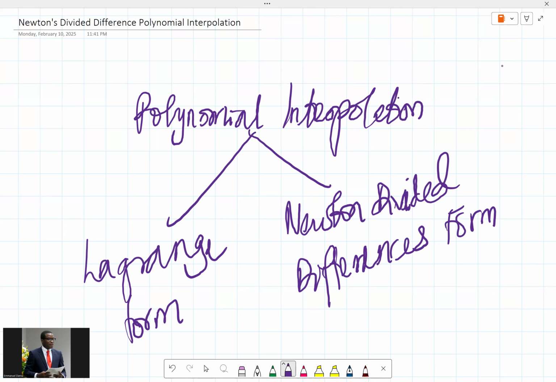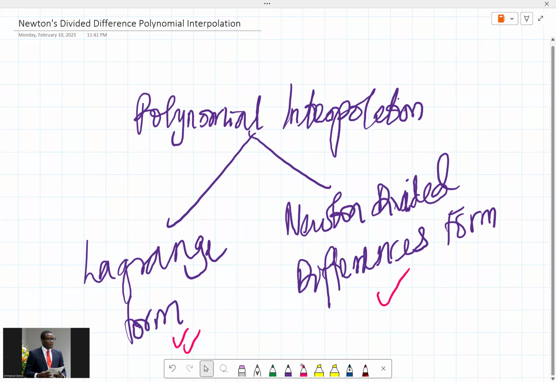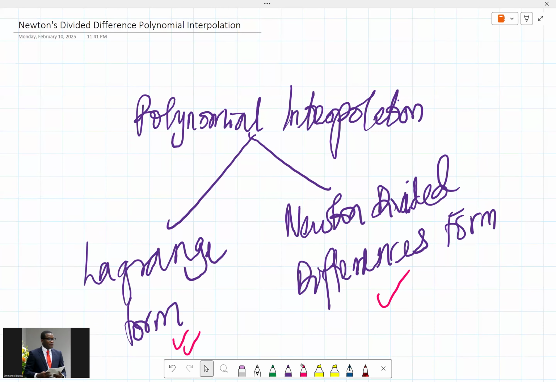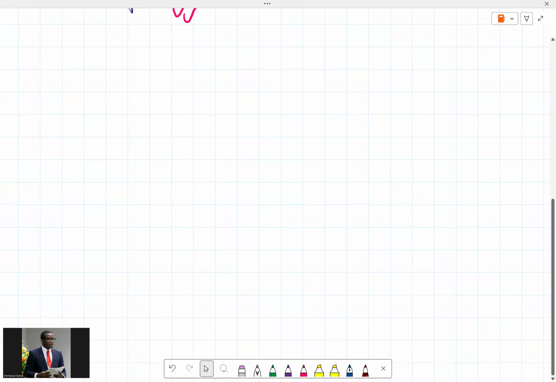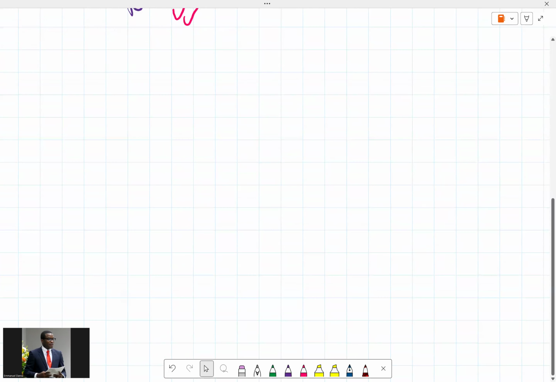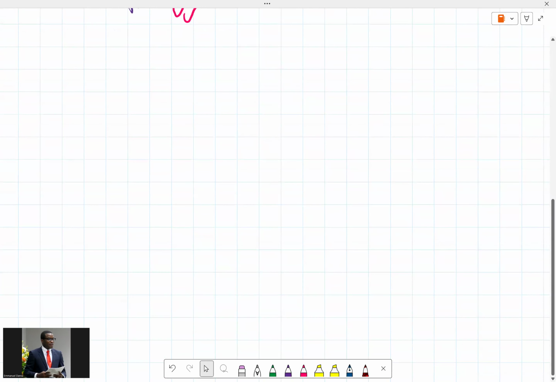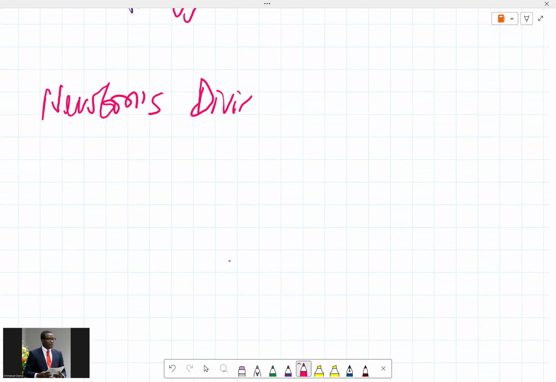So in the last video, we had considered the Lagrange form. Our attention turns to the Newton divided differences form. So we're talking about Newton's divided differences.